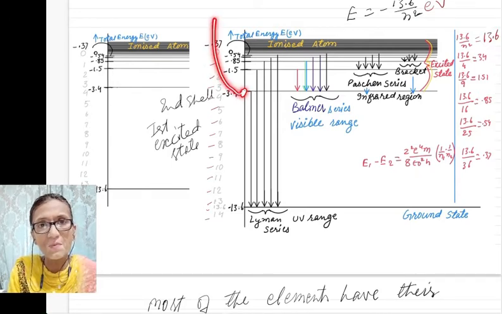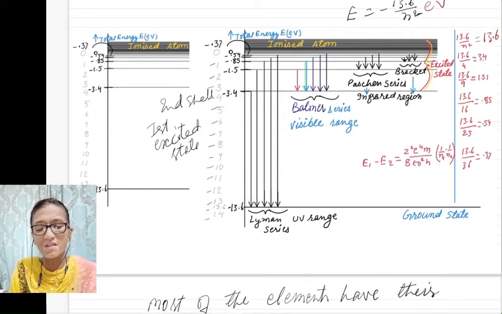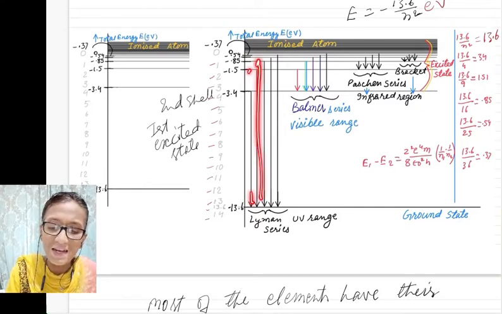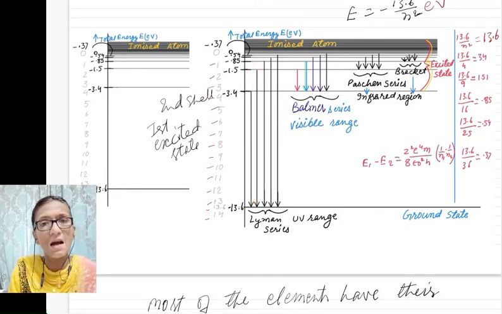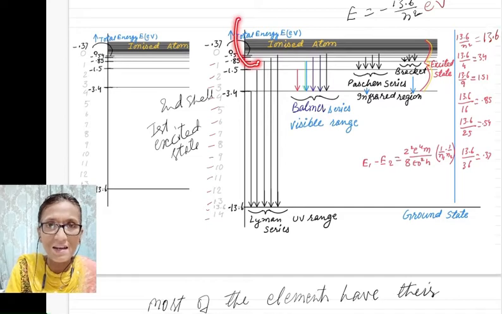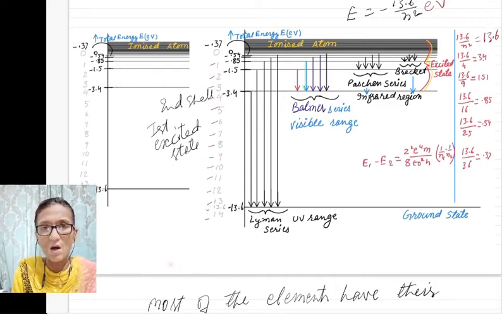And after some time, when it releases energy in the form of radiation, it again falls back to its ground state. So electron, when it reaches any excited state, as per how much energy it has gained, can, after releasing the energy in the form of radiation, jump to its ground state. If it releases the energy, it finally reaches its ground state.